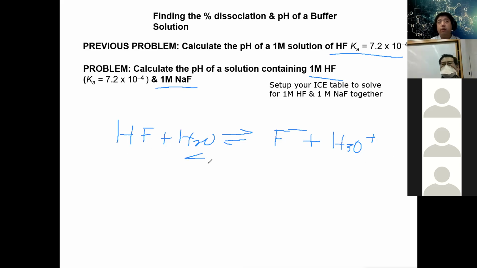I don't care about the water, so we can ignore that category. In the very beginning, do I have any H3O plus? No, so I'm going to put a 0 there. What's my concentration for HF? 1 molar.